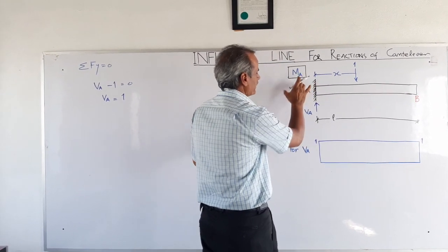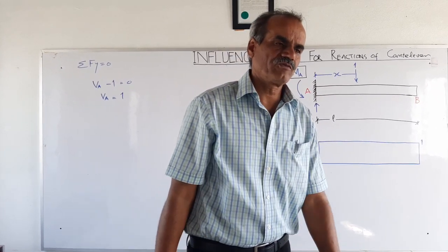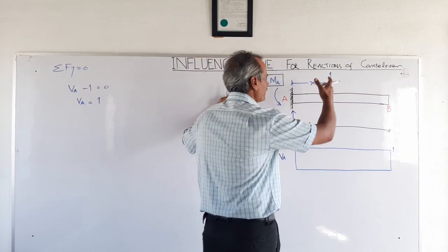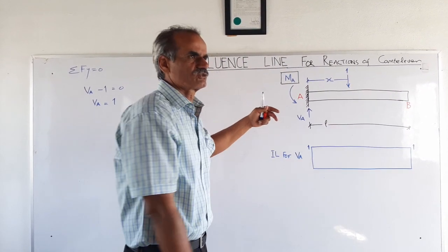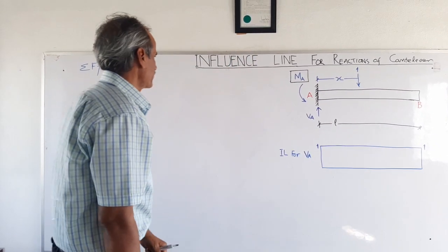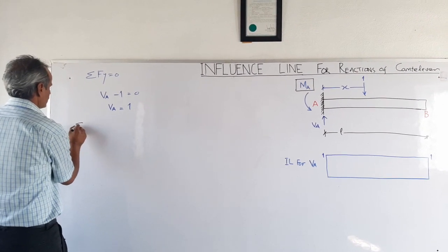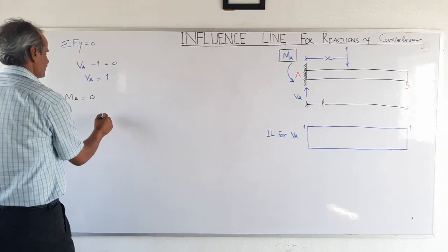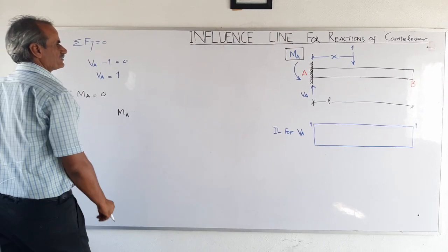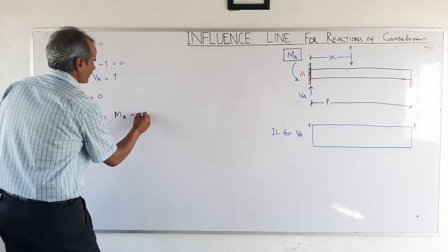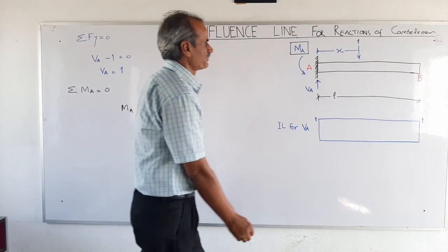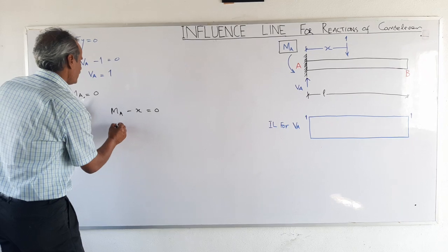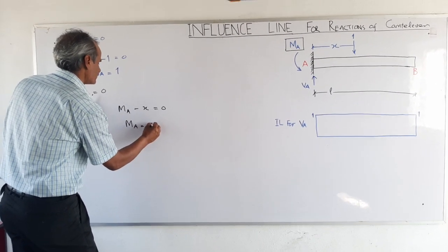The unknown moment is MA, and we assume it is anti-clockwise, because the applied force tries to move the beam clockwise, so the reactive moment has to be anti-clockwise. So sigma MA equals 0: MA minus 1 multiplied by x equals 0, where x is the force arm. Hence MA is equal to x.